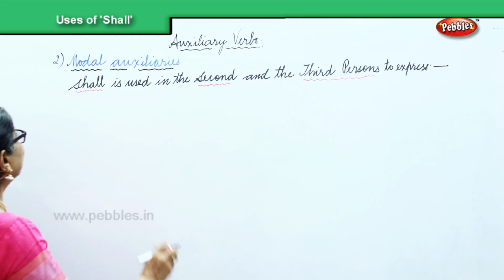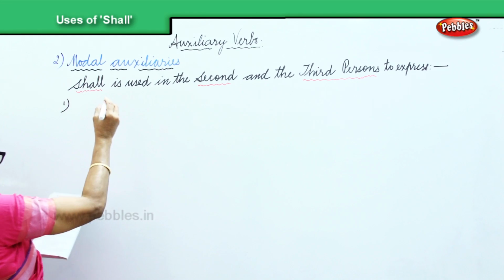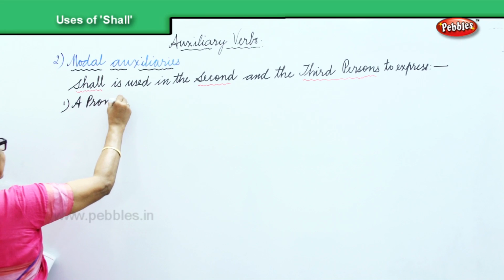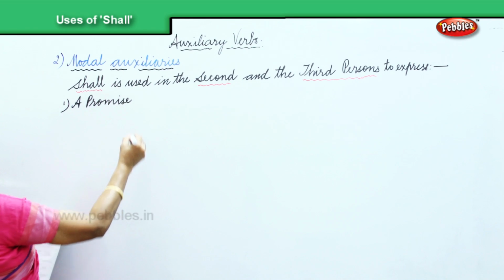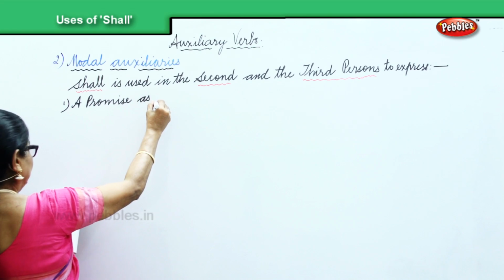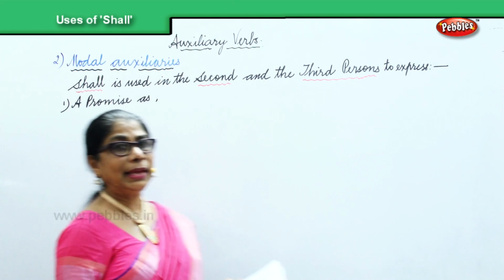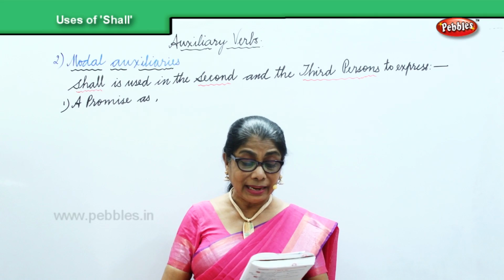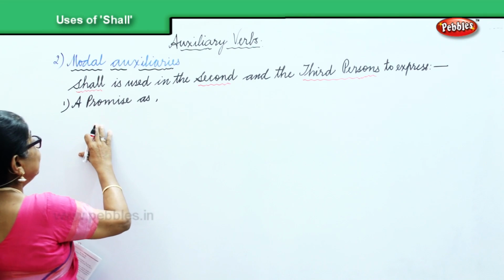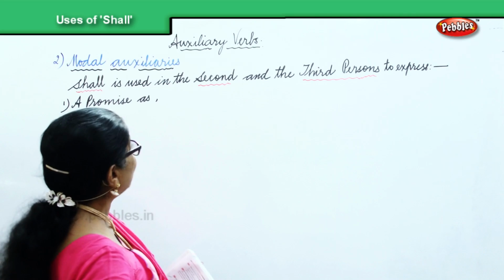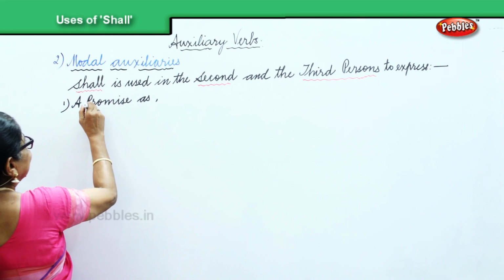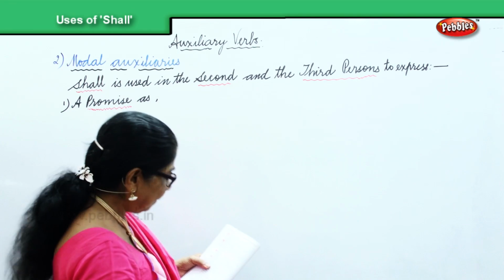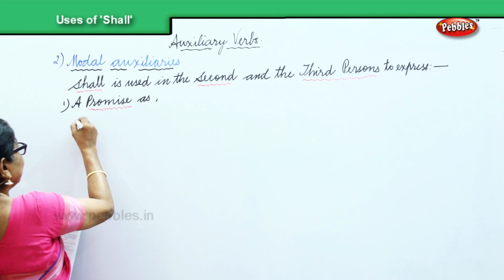When we are making a promise, we use shall. You shall be paid tomorrow. When you promise someone, don't worry, you will be paid. You're making a promise. So, in the promise, you will say, you shall be paid tomorrow.